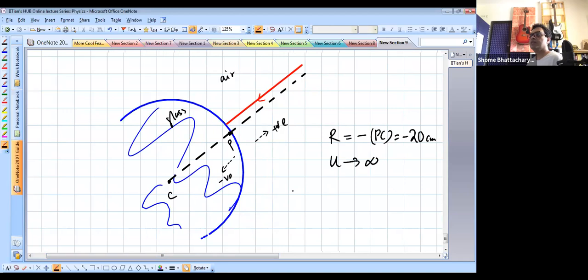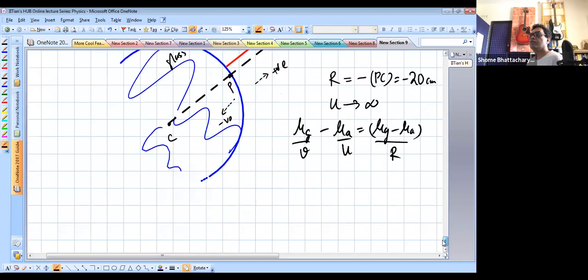So mu B, that is the refractive index of glass, upon v, minus mu A, that is the refractive index of air, upon u, is equal to the difference divided by R with the proper sign. To find the position of the image, we use refractive index as 2 in this case.